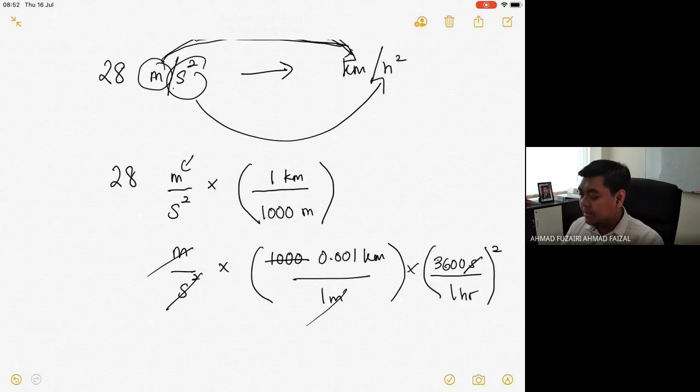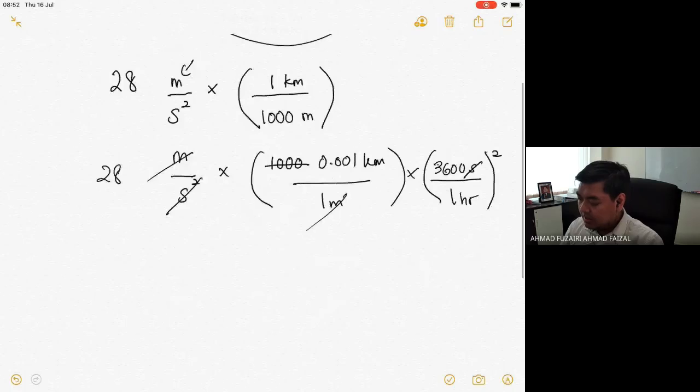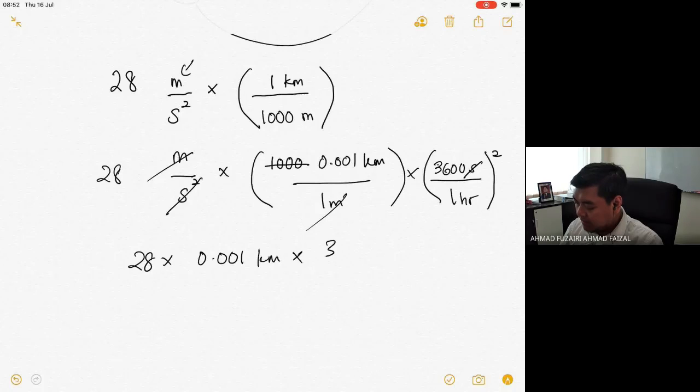Dengan S square. Tapi ingat, kalau dalam kurungan, so ni 28, nanti end up dia 28 kali dengan 0.001 kilometers, kali dengan apa? 3,600 square.